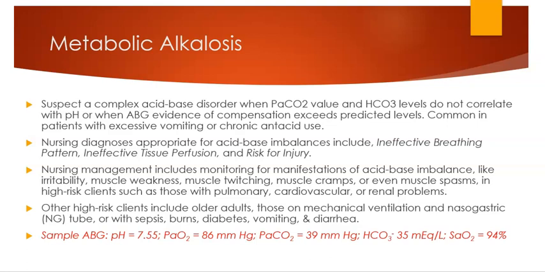Metabolic alkalosis can cause weakness of the muscles, right? So nursing management is monitoring for that acid-base imbalance, like irritability, muscle weakness, muscle twitching, muscle cramps, muscle spasms. These are patients who have a lot of muscle weakness itself.